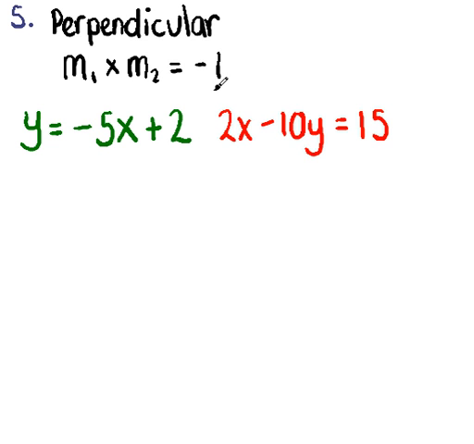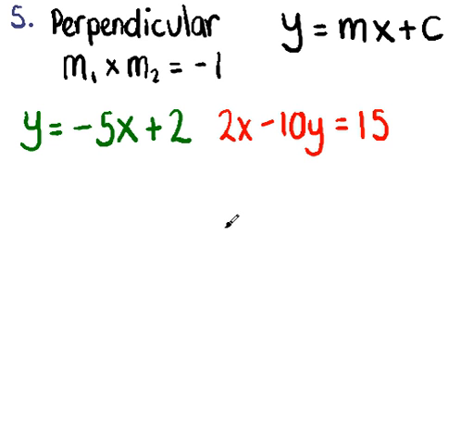First thing we have to do is find out the gradient of each line. In order to do that, we're going to have to put each line into the form y equals mx plus c, the general form of the straight line. If we can rearrange each of these lines into this form, then the gradient m will be easily identified.